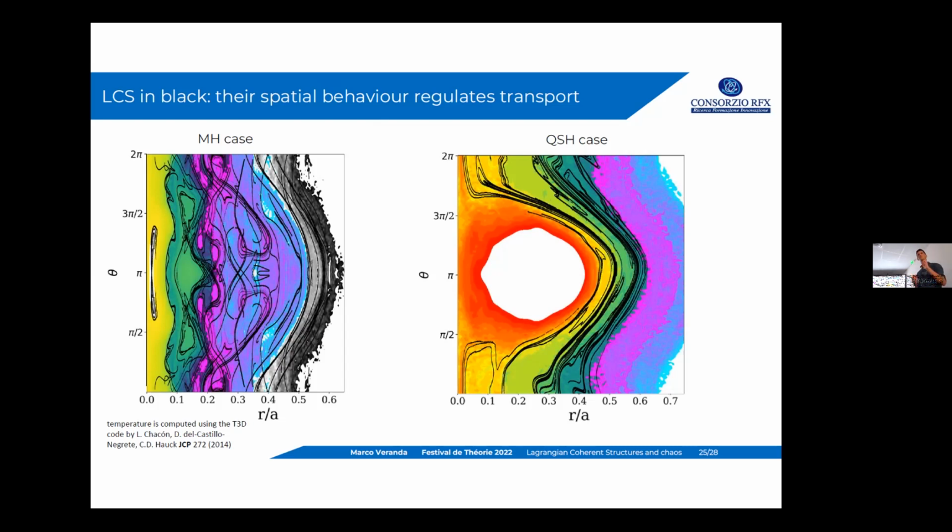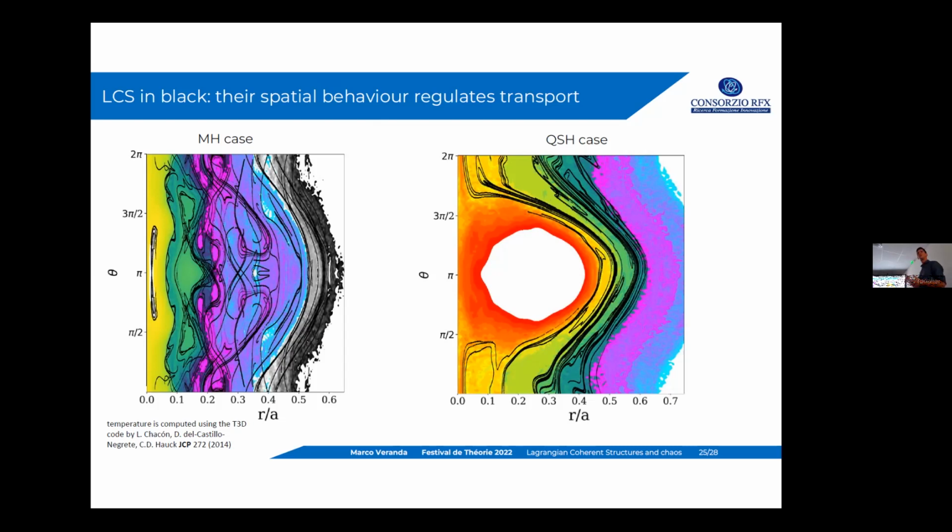By looking at the structures that are surviving in the stochastic region, probably what remains of the separatrix of magnetic islands after they interacted with each other, the bunch of heteroclinic tangles that seems to be active in this region, their shape can tell you how magnetic field lines are transported across a stochastic magnetic field.